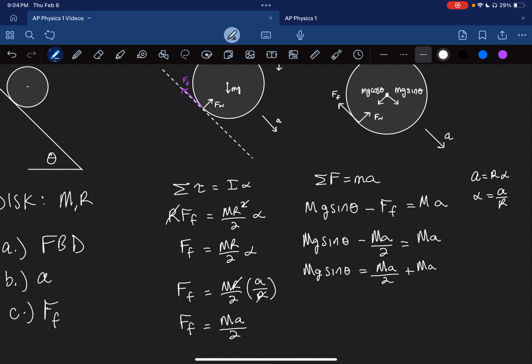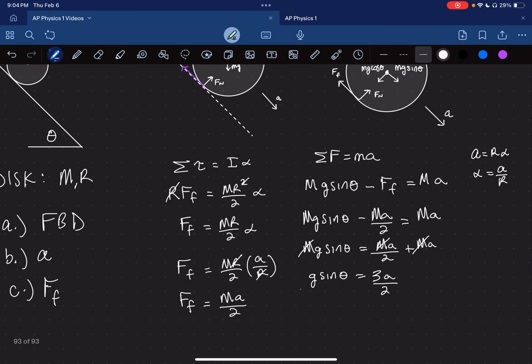Sometimes I put it on this side, sometimes I put it on that side. Let's cancel M. It doesn't matter. g sine theta is equal to A over 2 plus A. Get a common denominator, that's A over 2 plus 2A over 2. So this is 3A over 2. We want to solve this for A. This is 2g sine theta over 3, or in other words, 2/3 g sine theta.